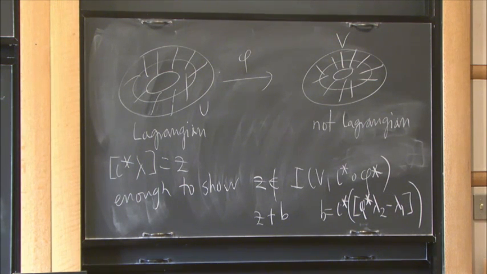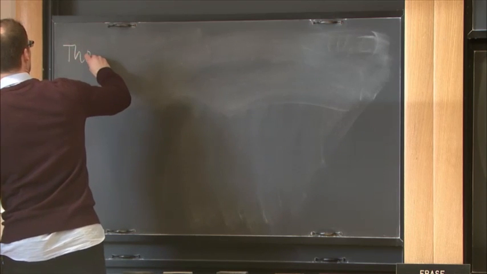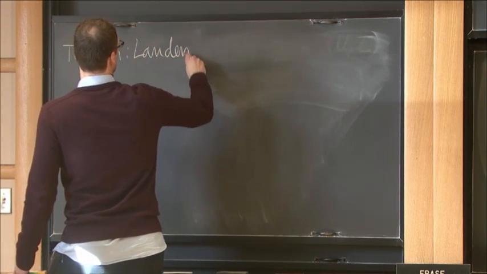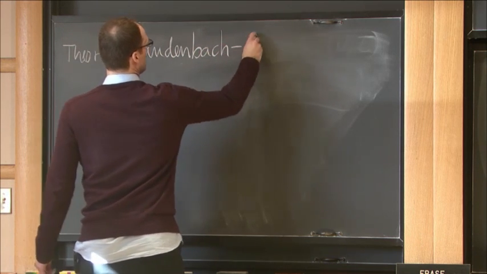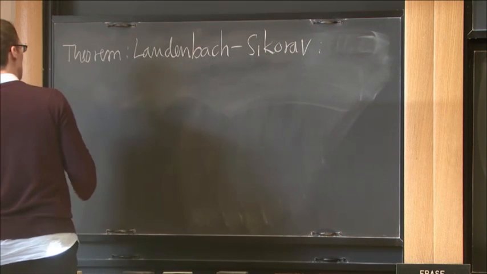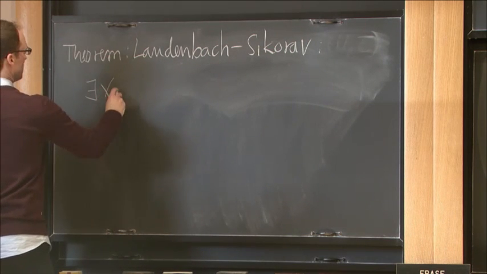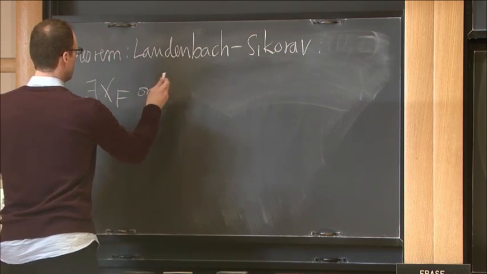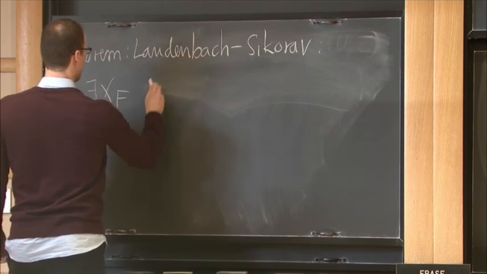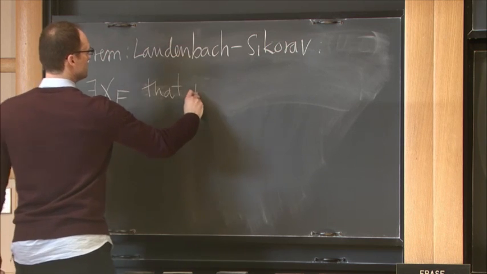All right, so what's the neighborhood V that I need to construct? Well, there's a theorem of Laudenbach and Sikorav that tells me that there exists a vector field f, so that it is nowhere tangent.